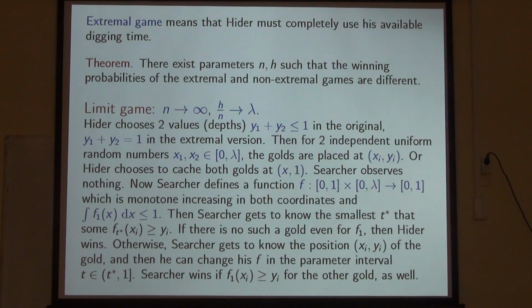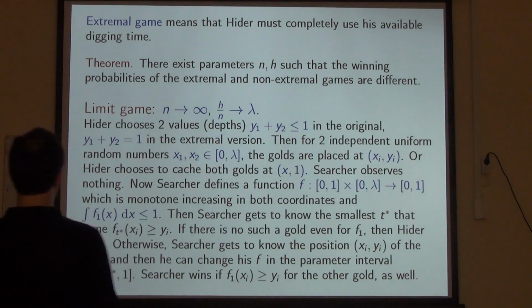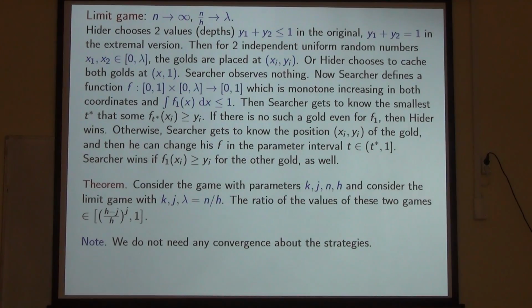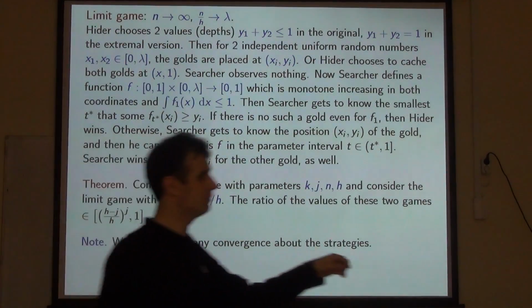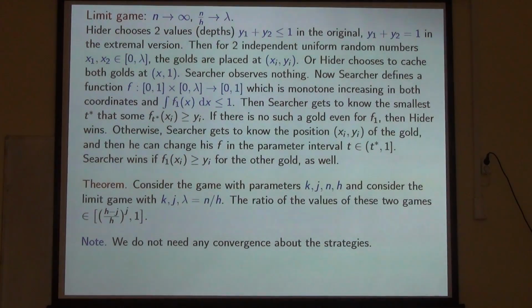And the reason why I call this the limit game is that we can actually prove the convergence, that the values of the finite games converge to the value of this limit game, because you can convert a strategy in a finite game with a large n to a strategy in the limit game by just splitting it into n parts and using functions like this.